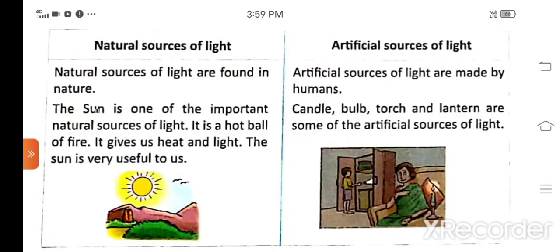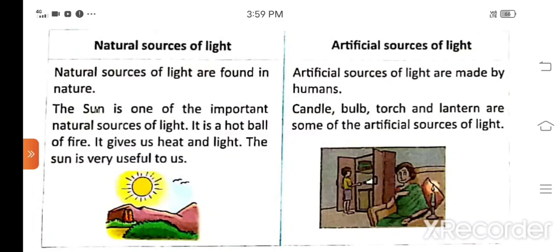We use artificial sources of light when the sun sets, because everyone needs light to do any type of work. We cannot live in darkness. We need other sources of light, because we need the light around us. We cannot see anything around us without light.